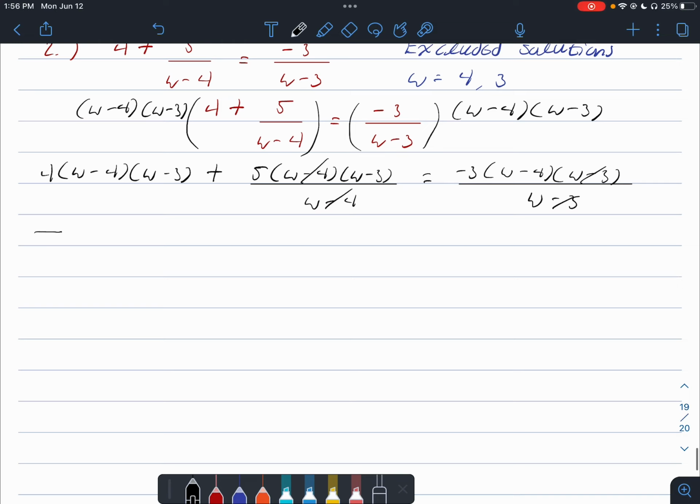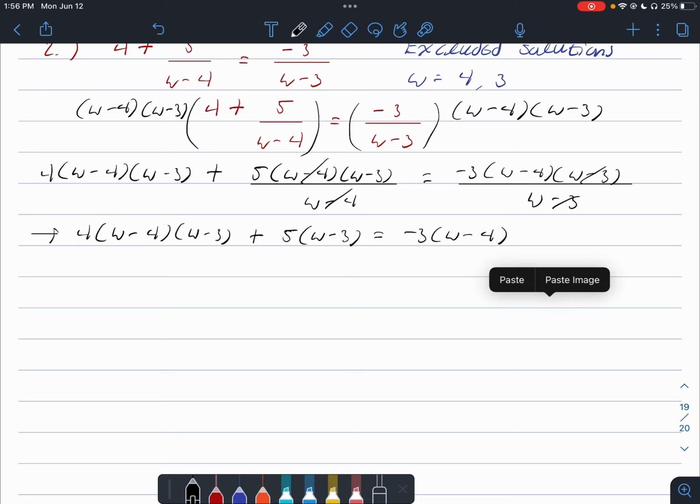And now we're left with 4 times w minus 4 times w minus 3 plus 5 times w minus 3 is equal to negative 3 times w minus 4. And now we can try and simplify. Let's do that.